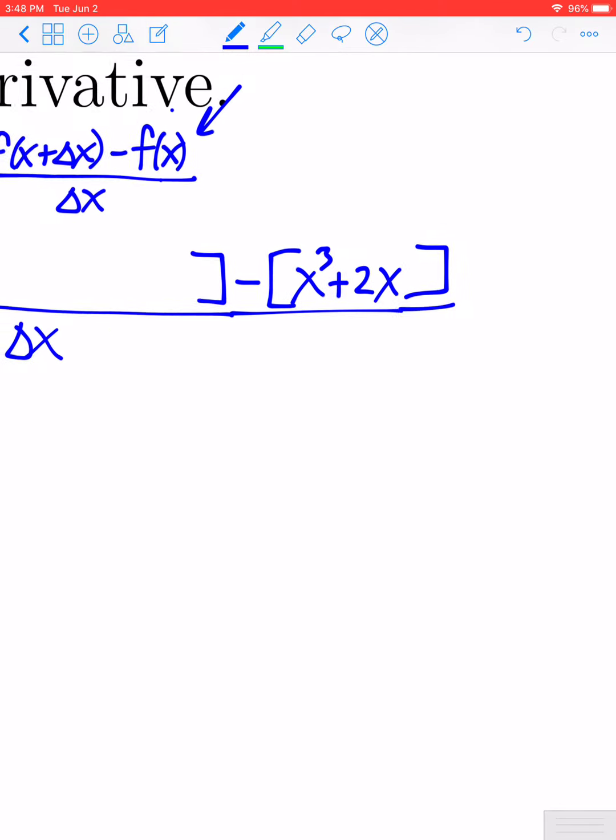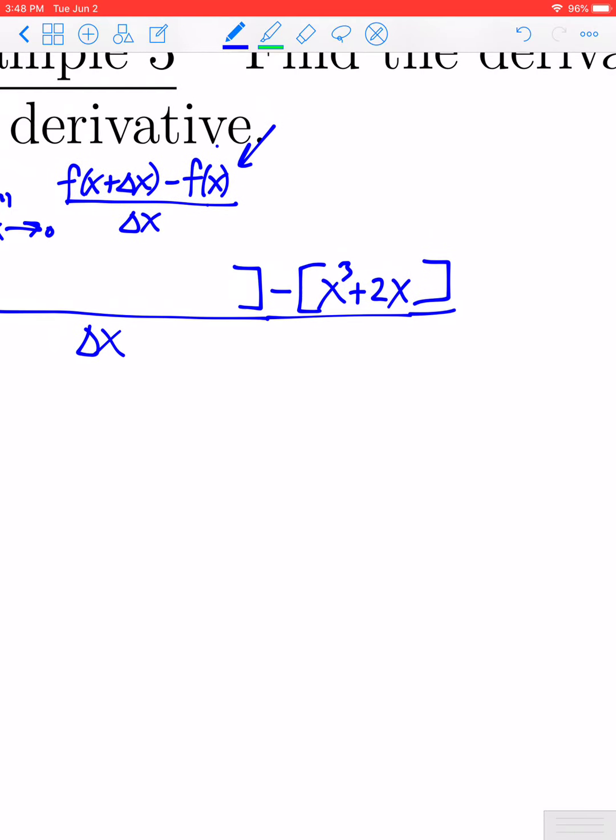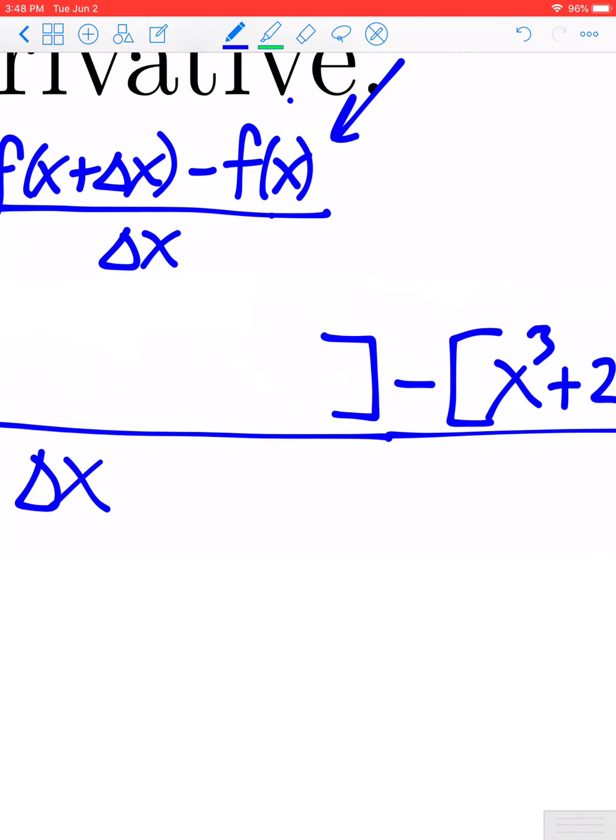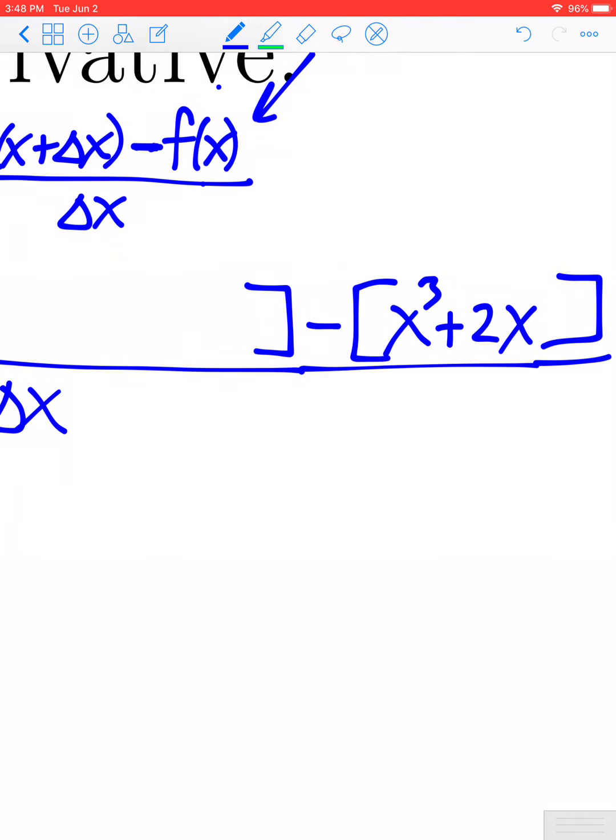The brackets or some kind of grouping symbol is absolutely necessary, because if we're trying to subtract f of x, then we need to subtract every single term that's a part of it. Ultimately, that subtraction will be distributed to every term belonging to f.